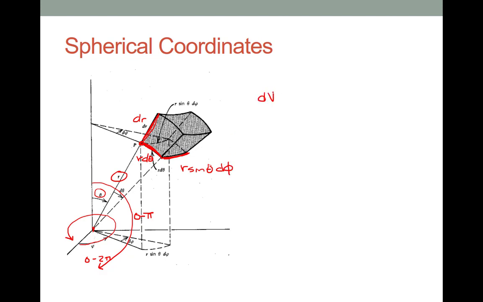Putting that all together, we have dv equals dr times r d theta times r sine theta d phi. That's r squared dr sine theta d theta d phi.